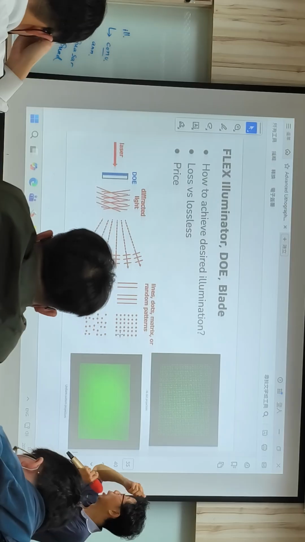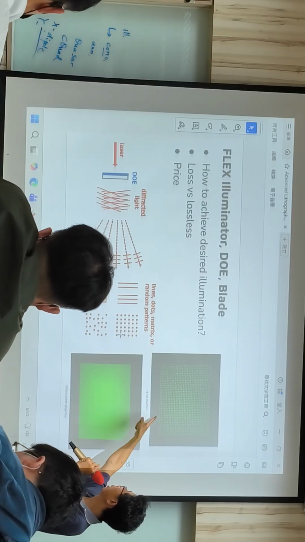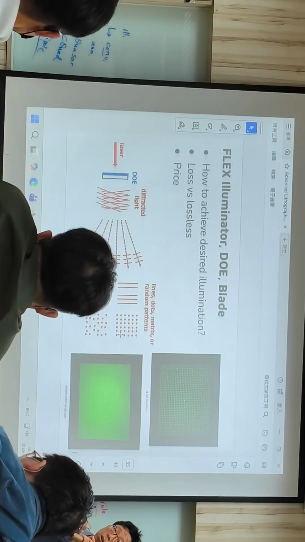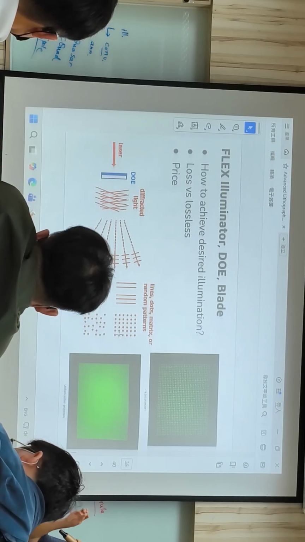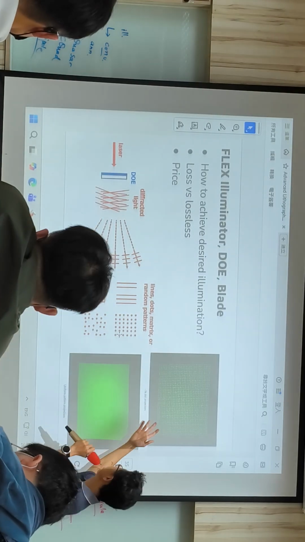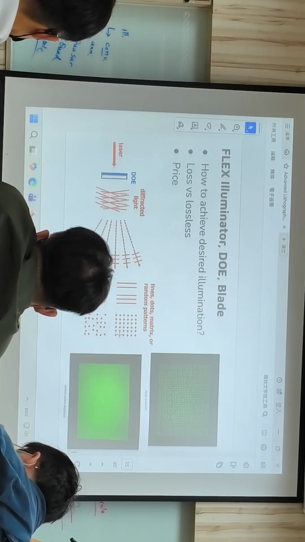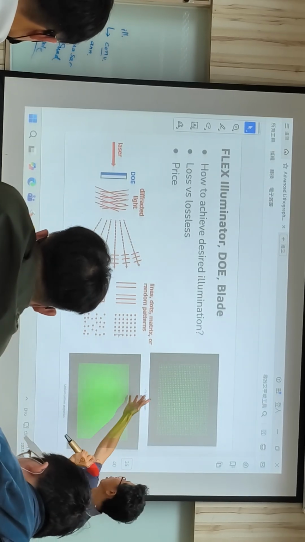Okay? Now they can do the simulation, get the DOE, and get whatever illumination you want without loss. It's lossless. Okay? So DOE basically is an optical element that produces any of the illumination you want without loss. Everything comes out.